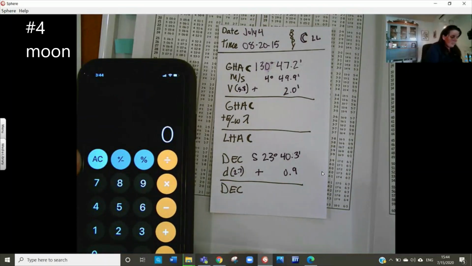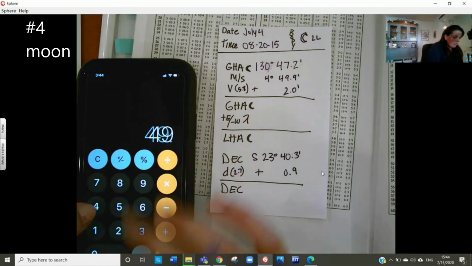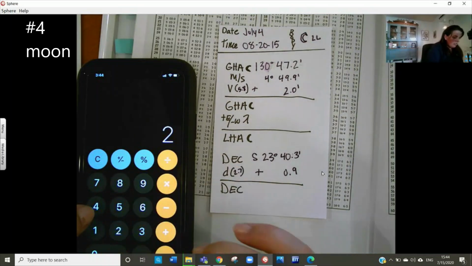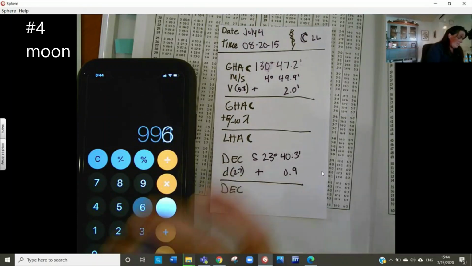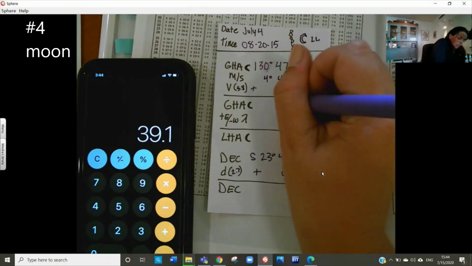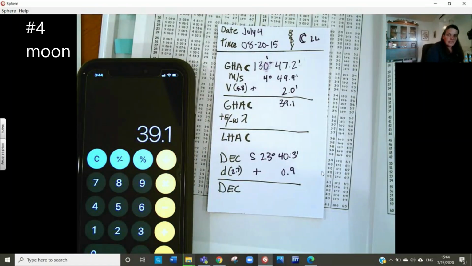So now we can use our calculator and add up our numbers. We have 47.2 plus, that is 99.1, but we can't have 99.1, so we're going to subtract 60, and we get 39.1, carrying the 1.